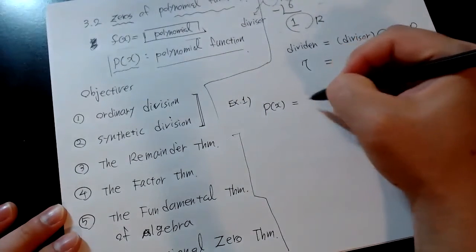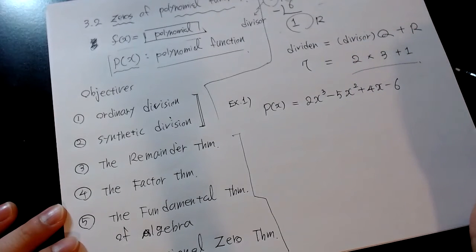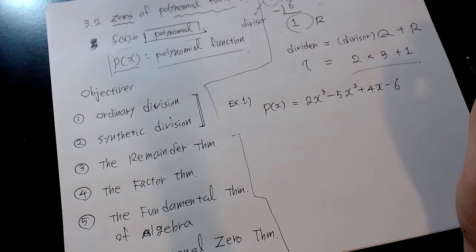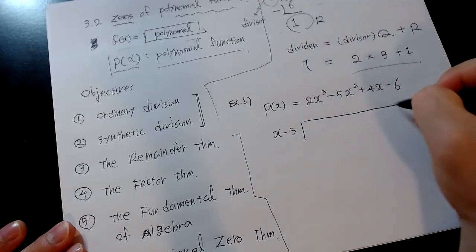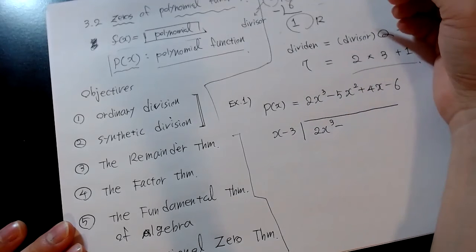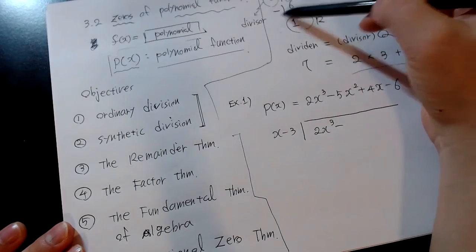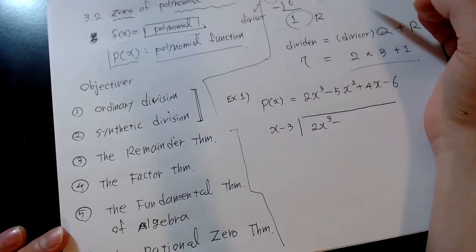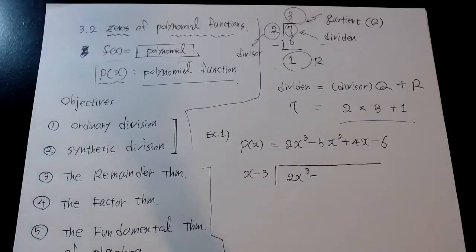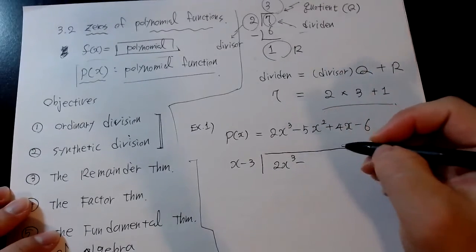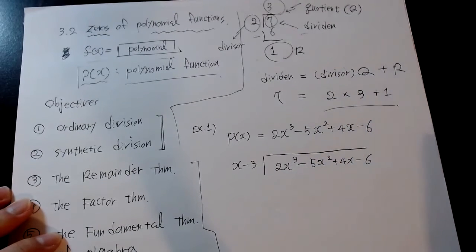P of x is defined by 2x cubed minus 5x squared plus 4x minus 6. I want to divide this by x minus 3. It's similar to what we did here, with 2x cubed minus 5x squared plus 4x minus 6 as the dividend.